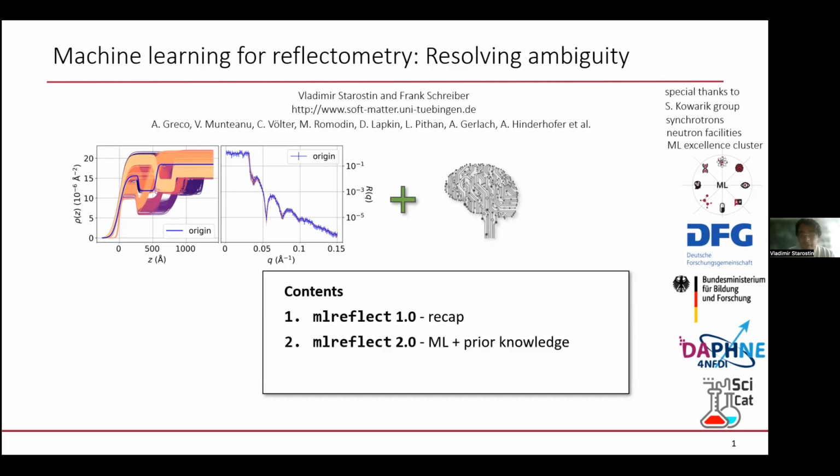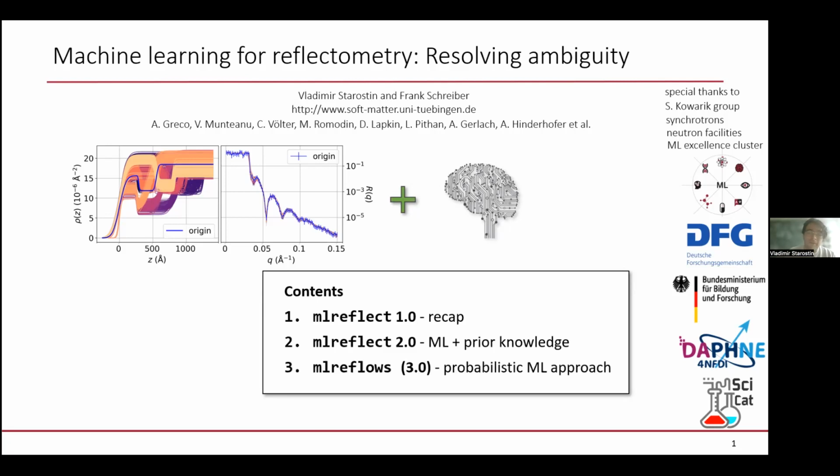And then I will try to explain how we can improve it with the updated version, which we call MLReflect 2.0, by incorporating prior knowledge directly into the machine learning pipeline. And still it has some problems that I will talk about.